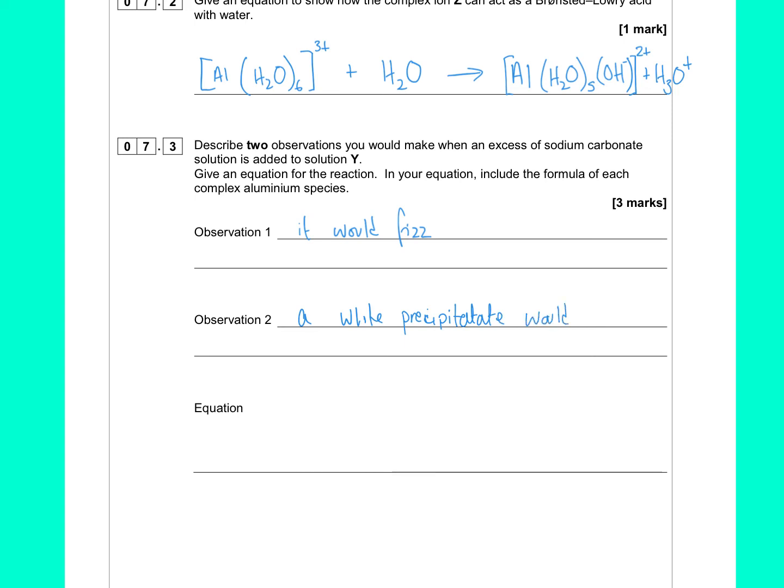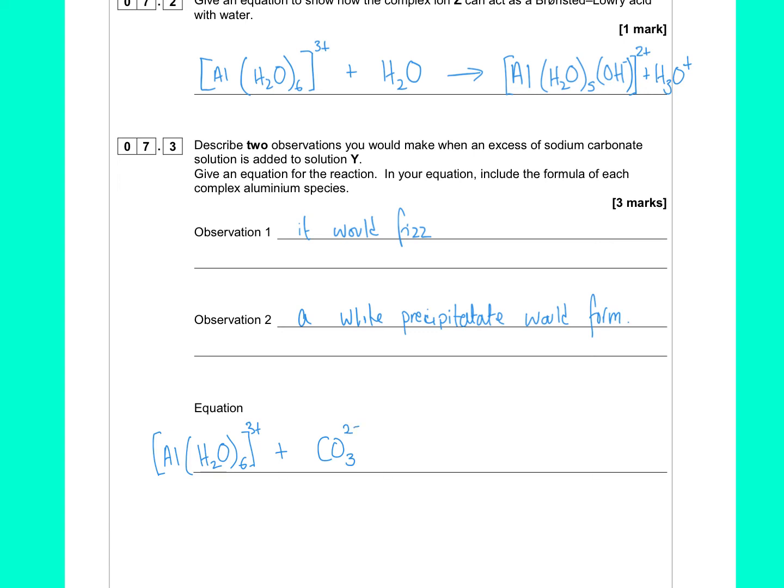Okay, and that white precipitate is because it continues to act as an acid with the carbonate until it forms the aluminium hydroxide water complex that has the right number of hydroxide ions within the complex to neutralize the complex, so that it no longer has a charge and it becomes a precipitate.